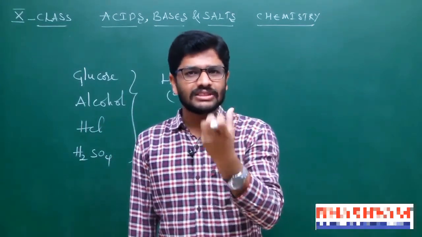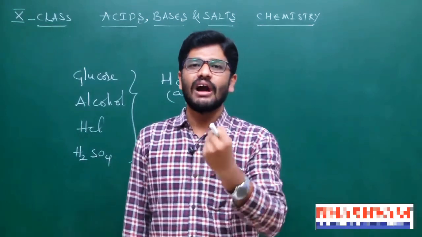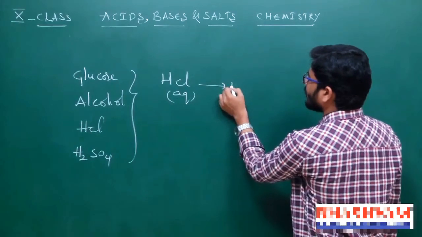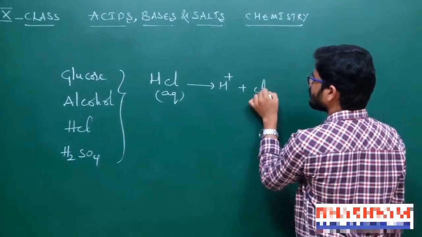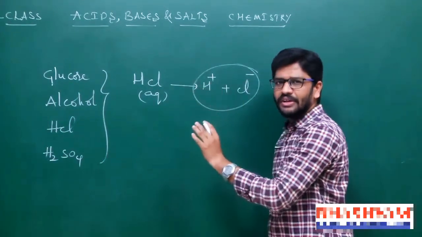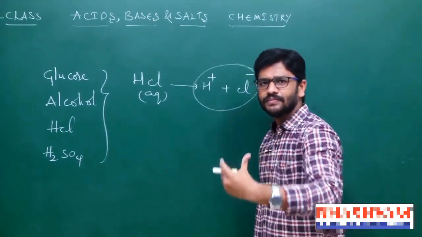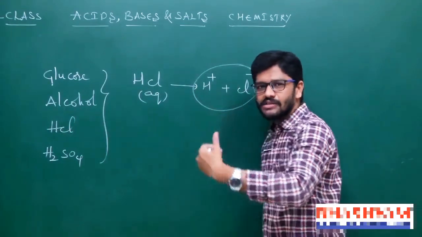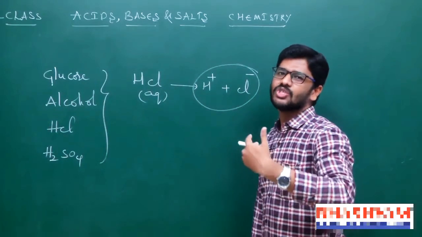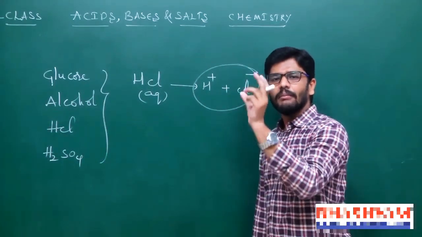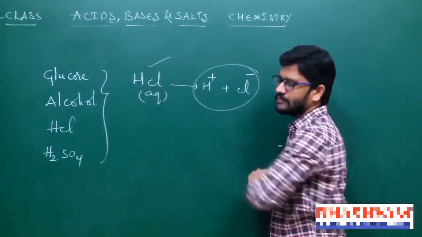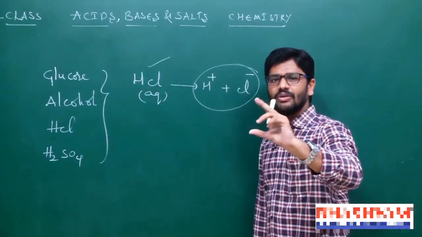Due to this current, the compound breaks down. HCl breaks down into H plus and Cl minus ions. These ions move in the solution. Due to the movement of these ions, the electric current passes in the solution, then the bulb will glow. So in the case of an acid solution, the bulb will glow.